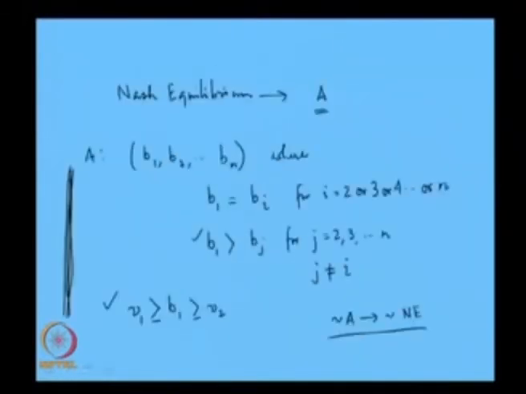One is basically talking about this action. I know that there is at least one player who is taking the action b_i, and I know that b_i is going to be greater than or equal to v_2. Even if it is equal to v_2 and if i is equal to 2, that is player 2 is taking this action, even then we have seen that v_2 for player 2 is a weakly dominated action, which means that in that case also there is one action in the equilibrium profile which is weakly dominated.